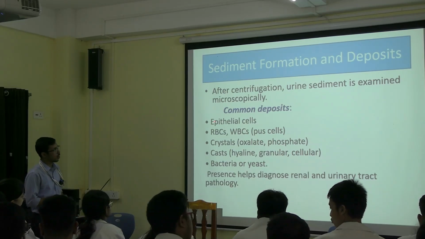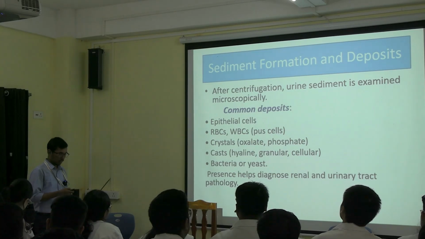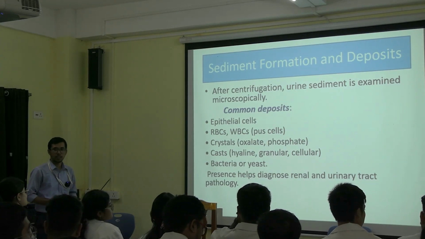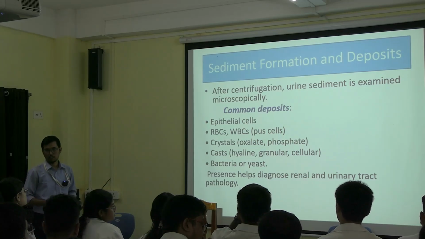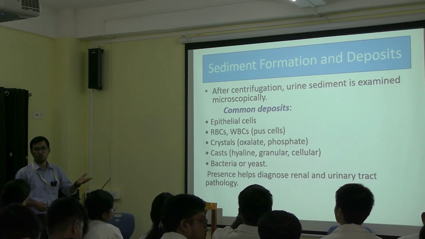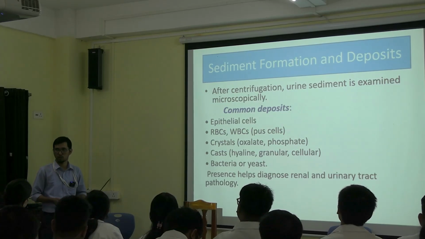So what can we find normally? Epithelial cells can be found from the tract, and then RBCs, WBCs are found. So normally RBCs, WBCs are not found in normal samples, but in some physiological conditions, like if you do strenuous exercise, a little amount of RBC can pass through the glomerulus.